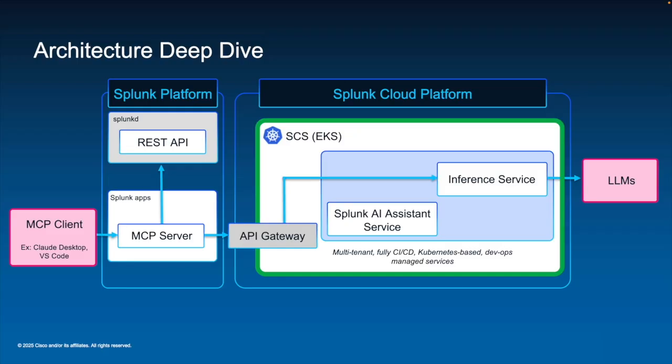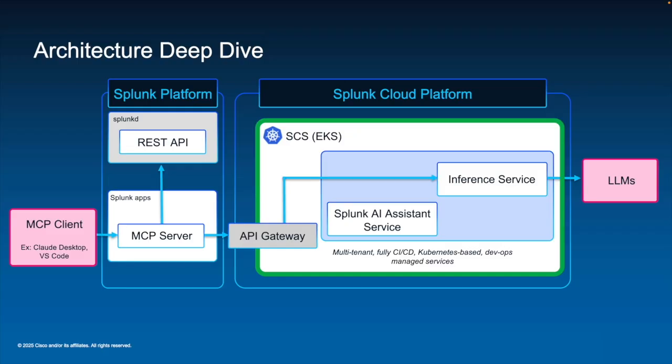This is responsible for reasoning, deciding what data to ask for, how to refine queries, and when to iterate. It doesn't just run one search and stop. It can think, adjust, and optimize SPL iteratively, just like an experienced engineer would.